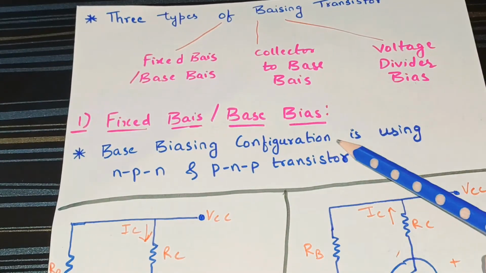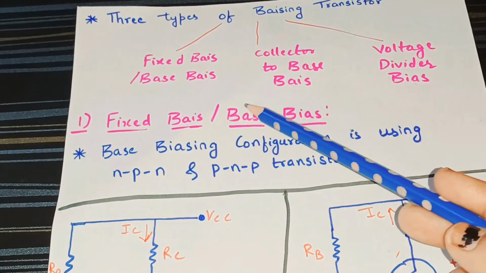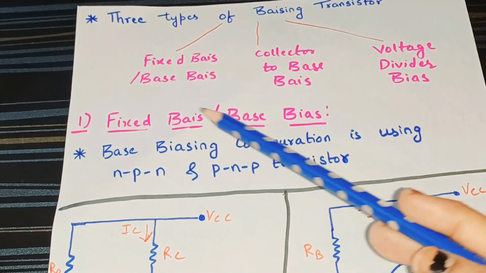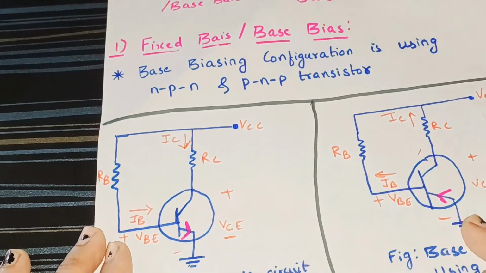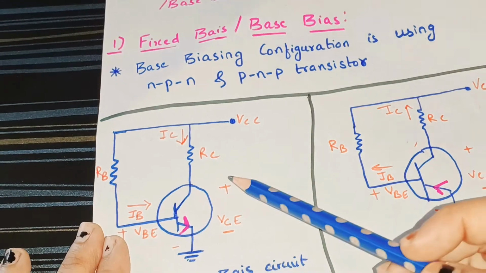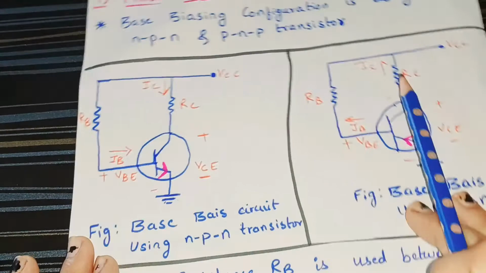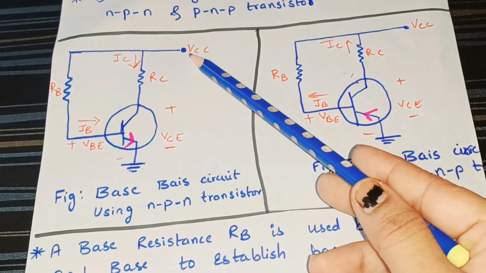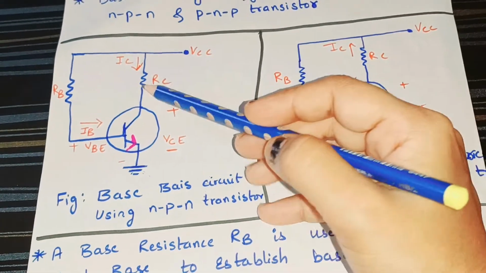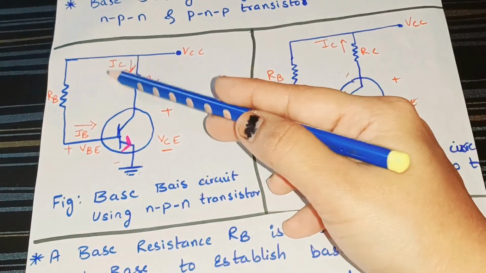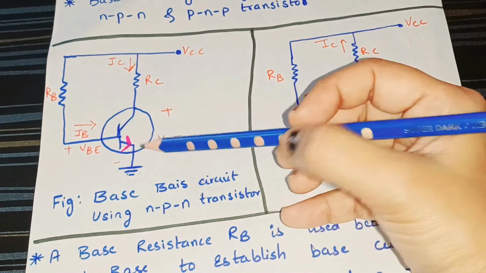Base bias configuration uses both NPN and PNP transistors. How the circuit will differ, you see. For the NPN transistor, the current is flowing from VCC to ground. Here the collector resistor RC carries current towards the ground, and the base resistor RB carries current towards the ground.